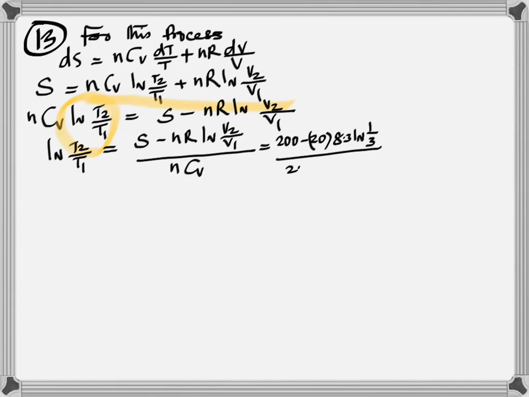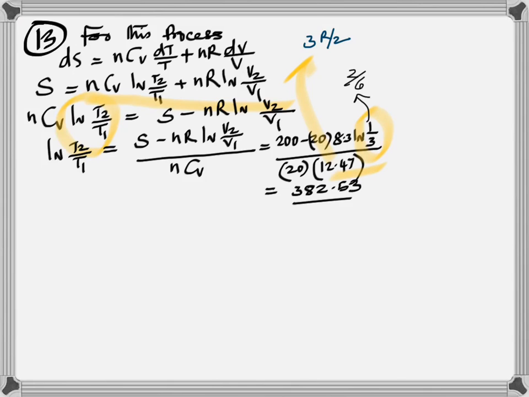Remember that the final volume is 1/3 of the initial, so that's why it's 1 by 3. Down here it's 1 by 3, and then I'm showing Cv is 3 by 2 R, that's why I got the 12.47.